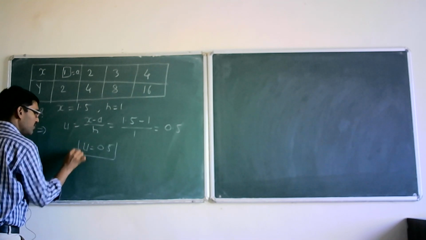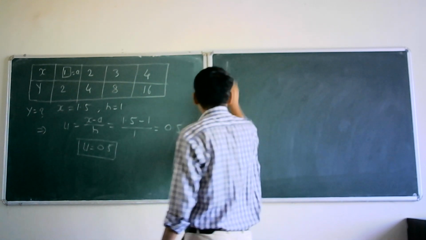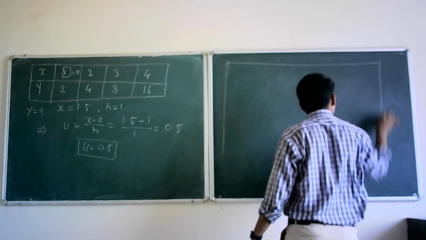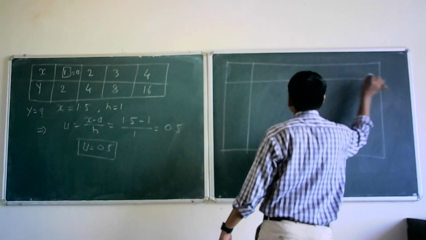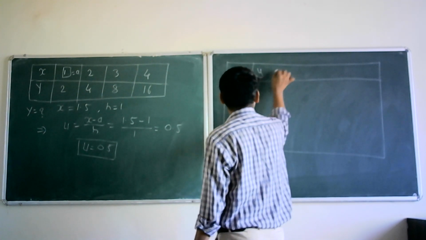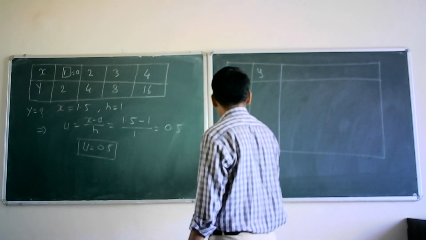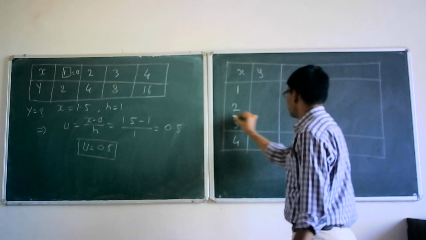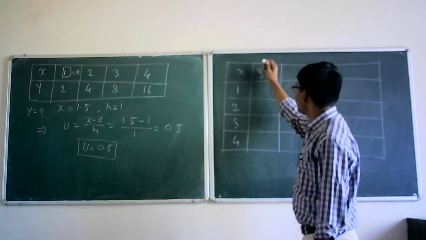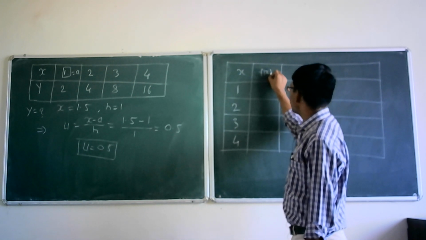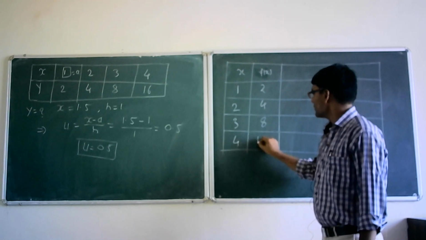What is our next step? Once you determine your u, next we want to determine our forward difference table. So this is x, this is y, or you can say it is f of x also. x is 1, 2, 3, 4, and f of x is 2, 4, 8, 16.